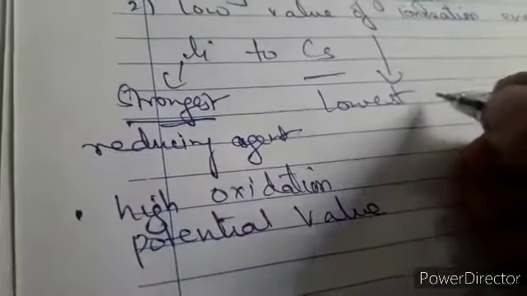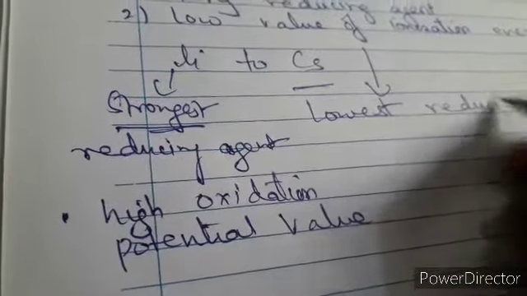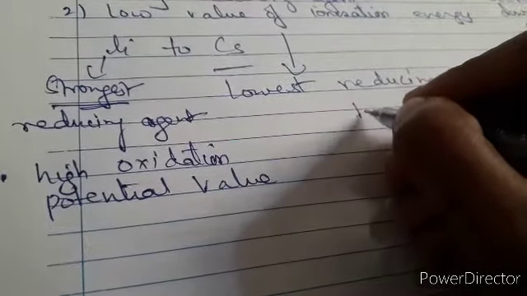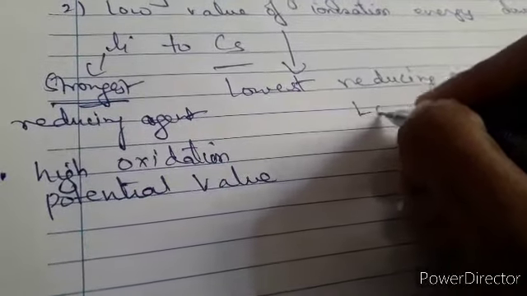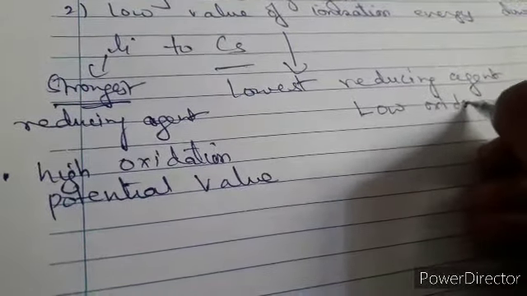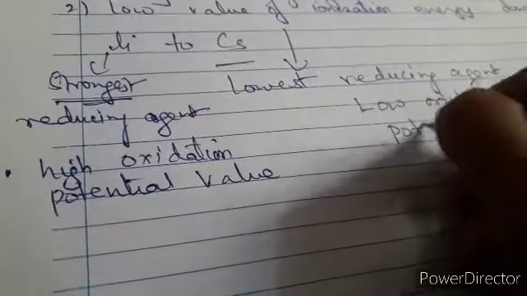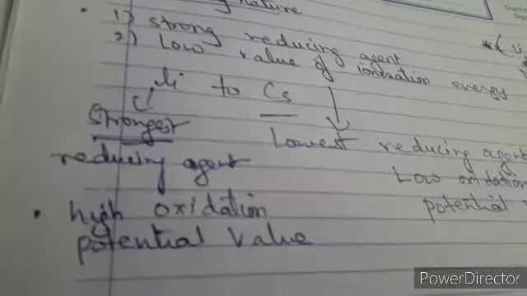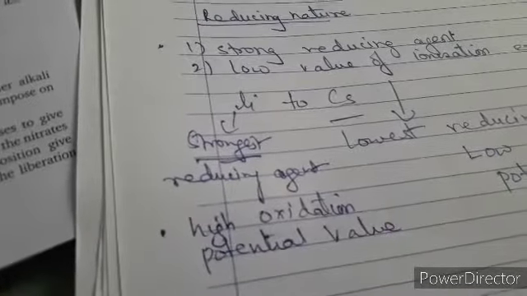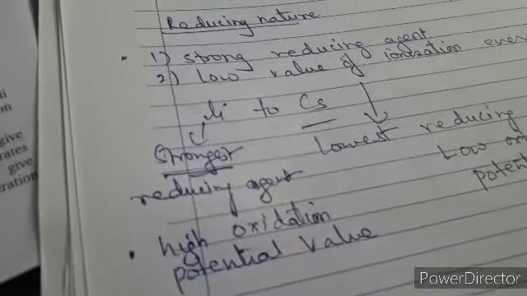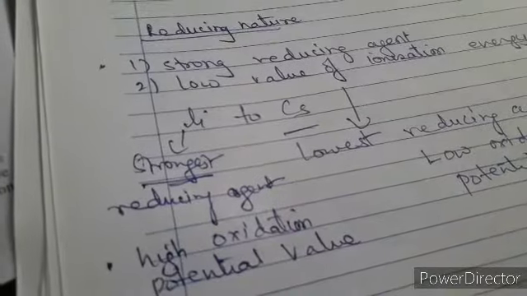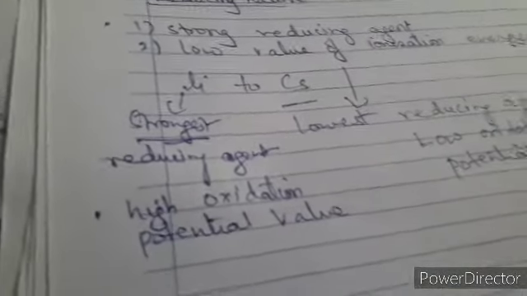If it acts as the lowest reducing agent, then you have to understand that it will have a low oxidation potential value. So I think hopefully you will understand this point. Basically there are other terms also in terms of energy, but that is not that much required. So please focus on this portion, how this is happening.